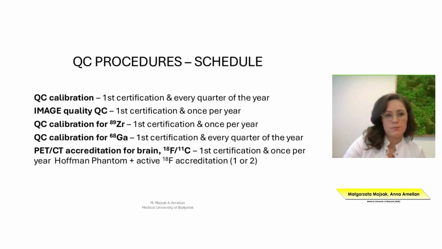The phantom is interesting because inside there is a special insert, which resembles the soft tissue. It is not wet, and then we have some heat sources that imitate the hot lesions, and distilled water with a little bit of isotope.